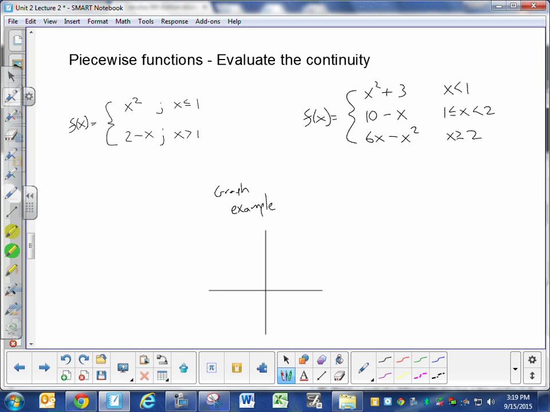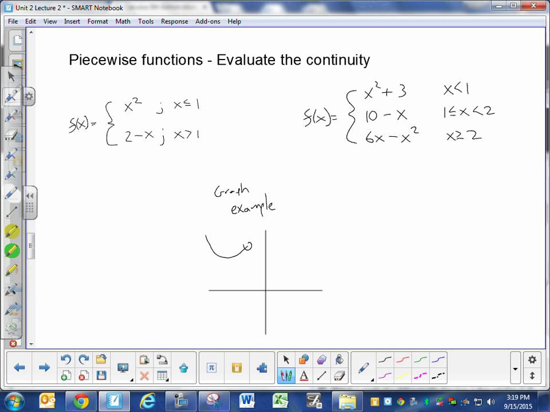Well, let's think about what piecewise functions look like. Typically, we have a domain for all x's that are defined. So we have x's that we could plug in for this function. We'd have pieces that we would use depending on what the x is. And what it would look like is potentially one piece when x is less than negative 1.